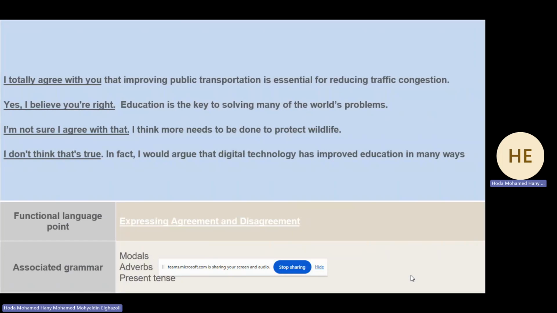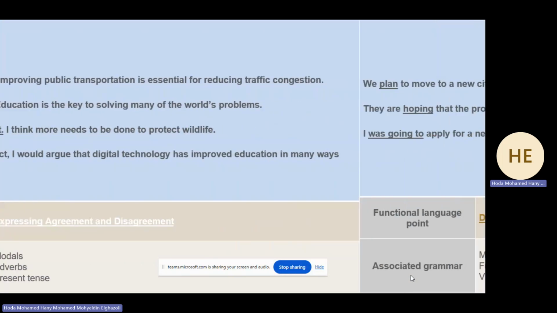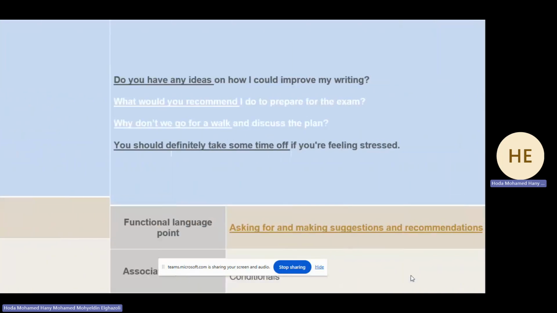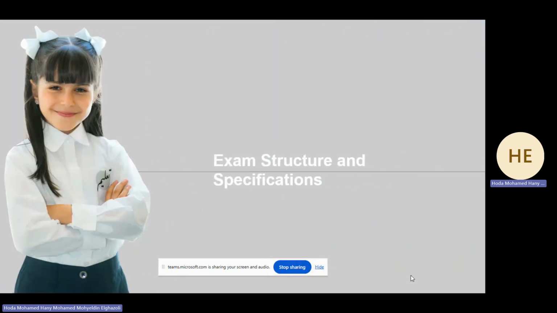So you would be expected to use real life expressions like these for agreeing, I agree with you because, or making suggestions, why don't you try, or why don't we go for this instead of that, or describing your hopes. And usually we use these, as I said, in your writing, and it might come in the maze section.